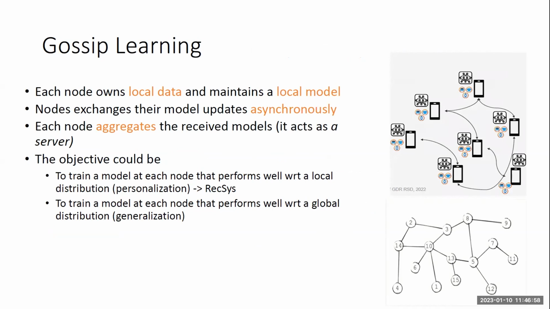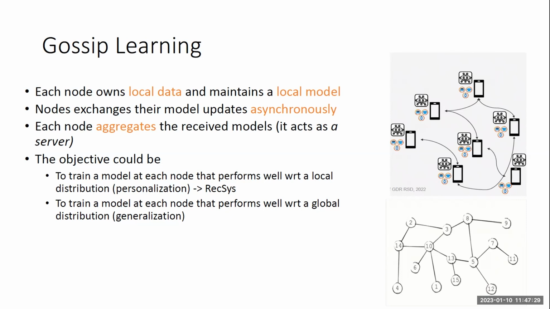So what is gossip learning? As presented this morning by Aurélien, in gossip learning, each node owns its local data and maintains its local model, right? Nodes exchange model updates asynchronously, and each node aggregates the models it received from its neighbors, so somehow it acts as a server in classical FL, right?